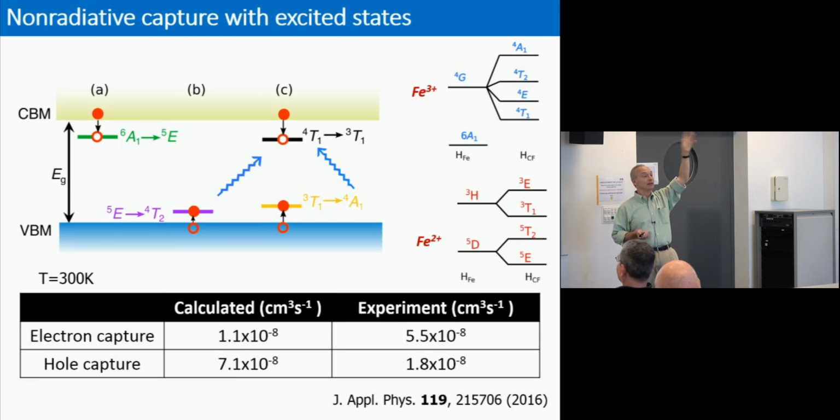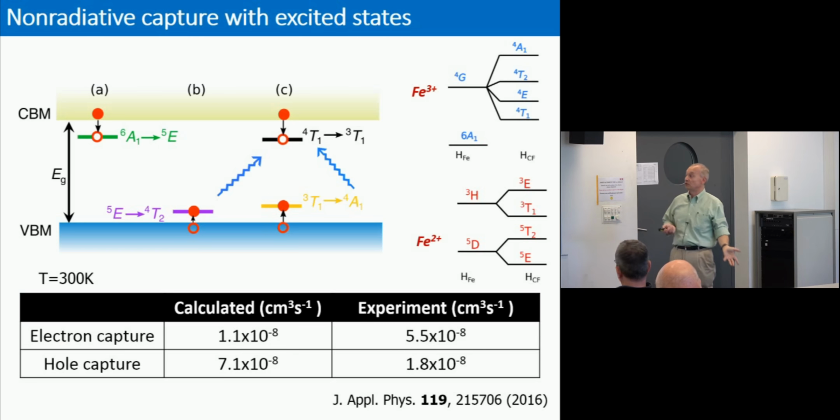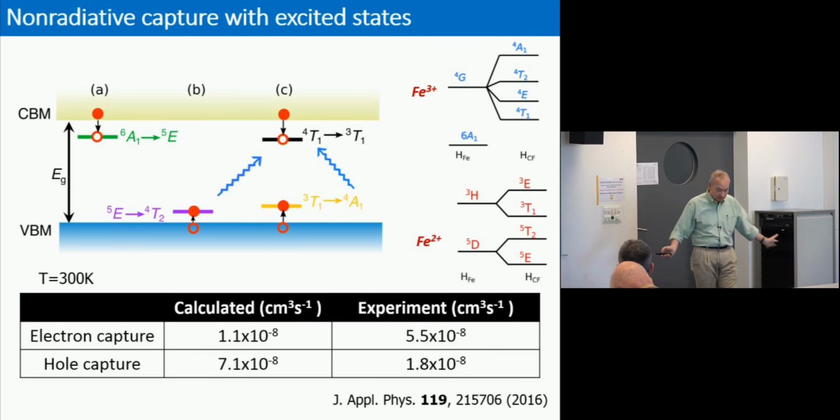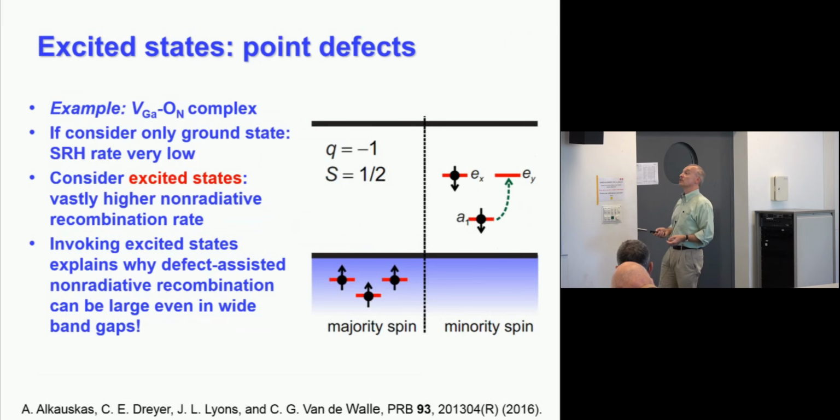And overall, it acts as a very efficient non-radiative recombination center. Once we took these excited states into account, we calculated these electron and hole capture rates, and they actually agree extremely well with the experimental numbers. So we think we have solved the mystery why iron, in spite of not following the simple rule based on the defect level, actually acts as a significant non-radiative recombination center.